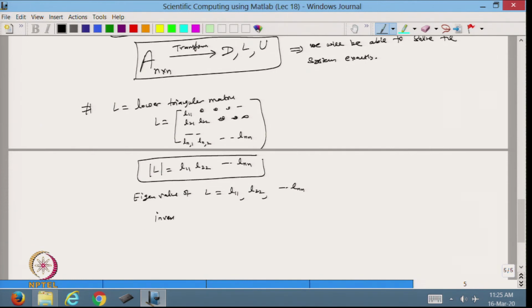The inverse of a lower triangular matrix, L inverse, is also a lower triangular matrix.